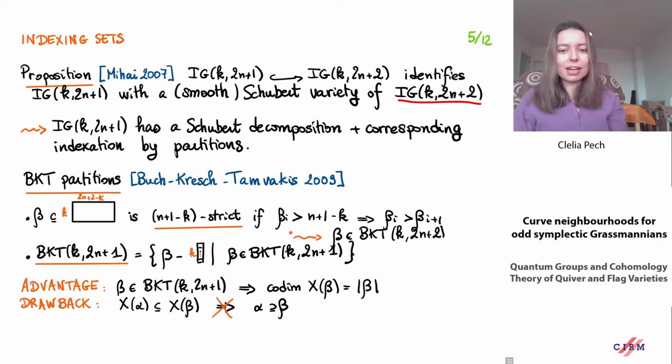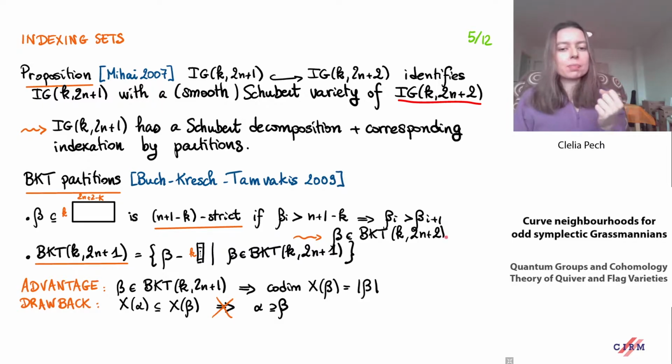That means that if I have a part in my partition that's larger than this n plus 1 minus k, then it needs to be larger than the next part in the partition. And so such partitions form an index set for Schubert varieties of the symplectic Grassmannian.